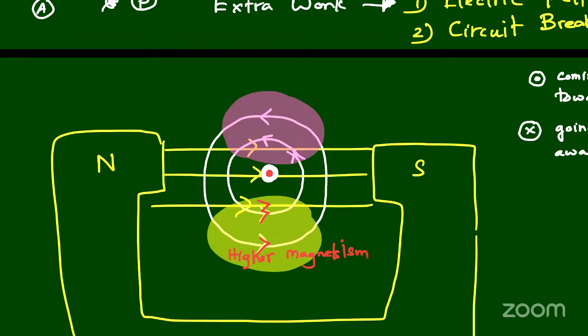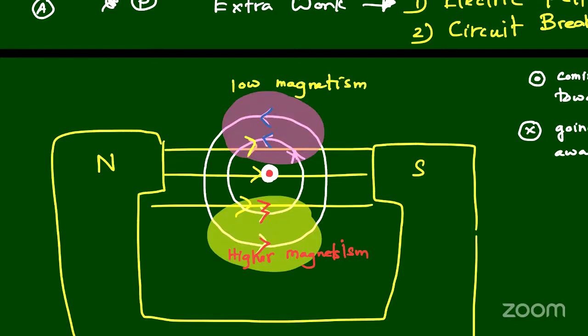But in the other one, some arrows are going like this and the other ones in this direction. So arrows are in opposite directions. Therefore, here you will experience a low magnetism.